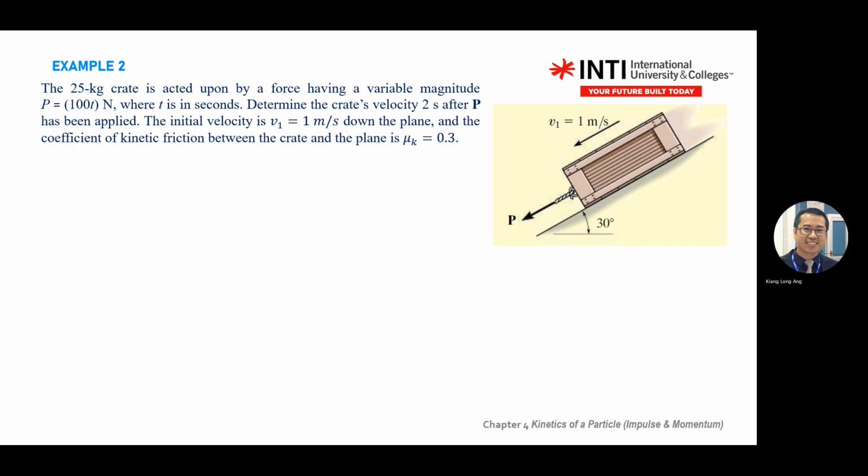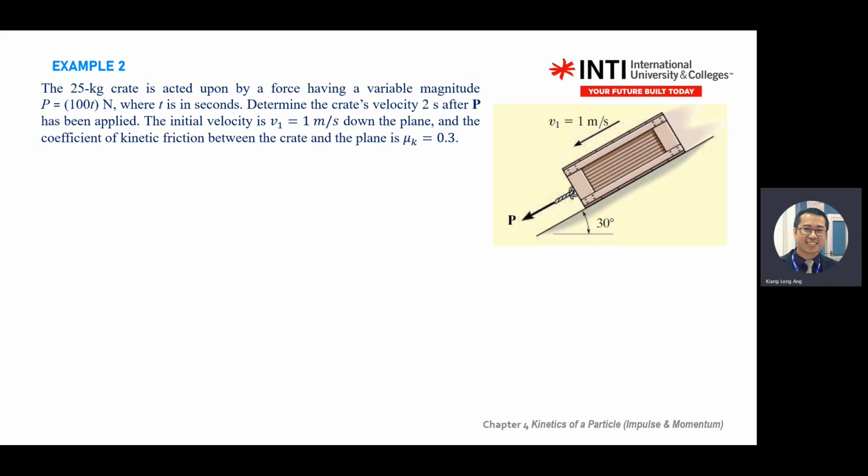How many forces do I have? I have 3 forces, P, W, and C, friction. I have 4 forces. Going down along the surface is positive, so this one I don't need to change. I break my W into 2 components. I don't need to break my NC because it is only in one direction, going up. I break my friction into 2 components.